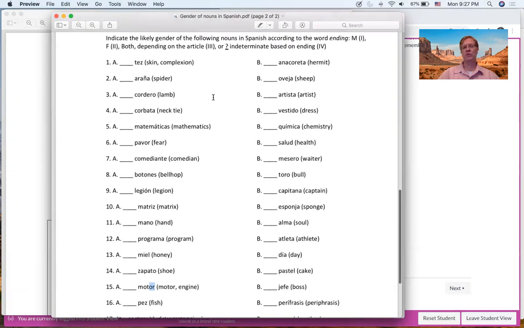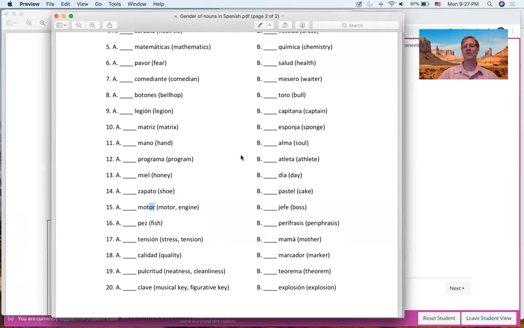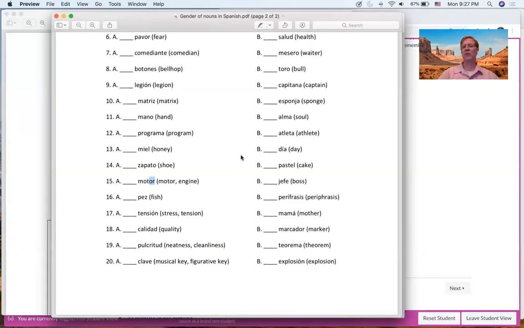None of you will have to do all of these in class. Each group will pick a few, maybe 5 at most, and try figuring out the gender based on the ending. This will teach you one of the fundamental aspects of Spanish, the second one. Last unit, I explained one of the fundamental aspects of the language.